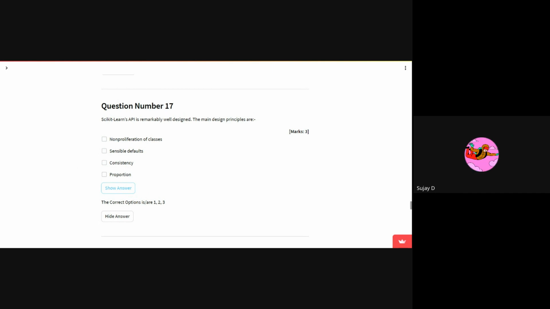Actually, they are using the pandas and the numpy classes here in SQL. No, not pandas and numpy classes, those are for manipulating the data set.